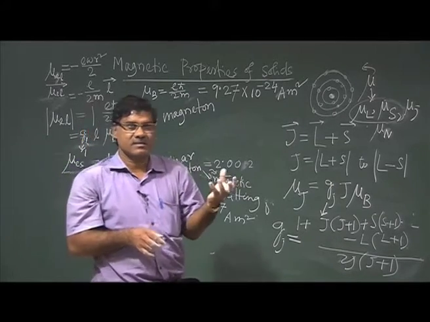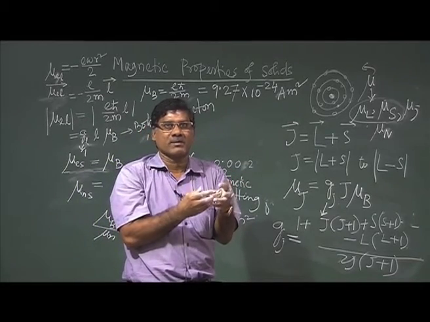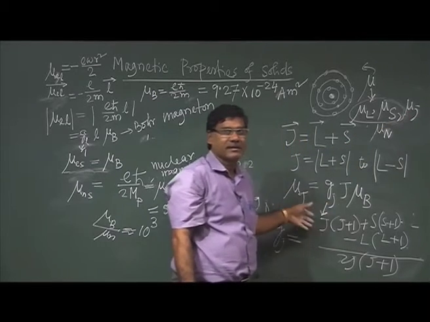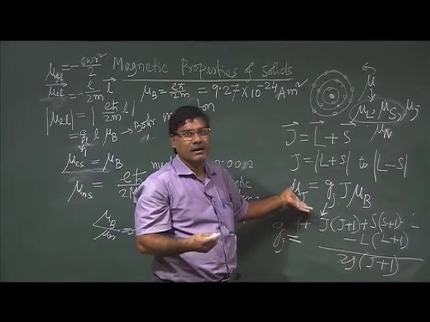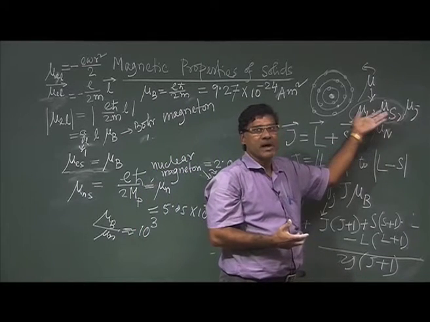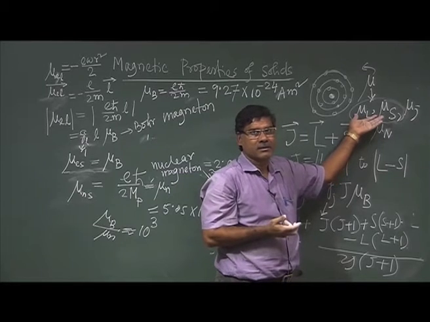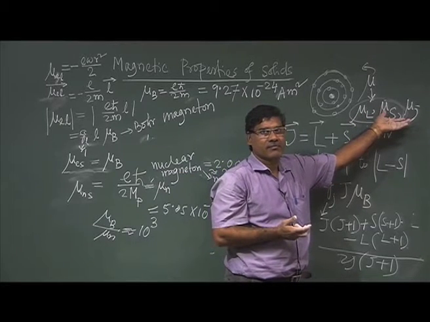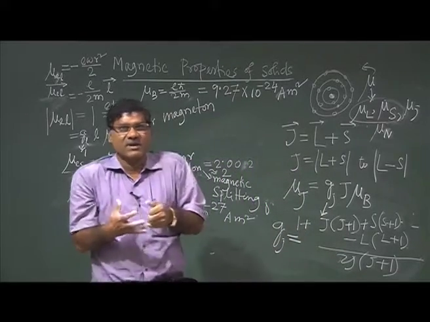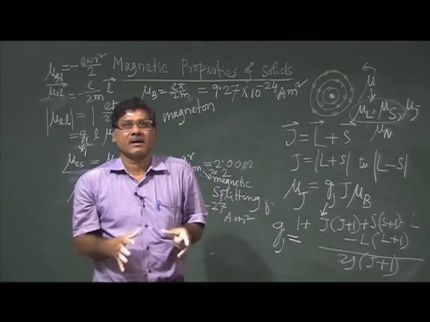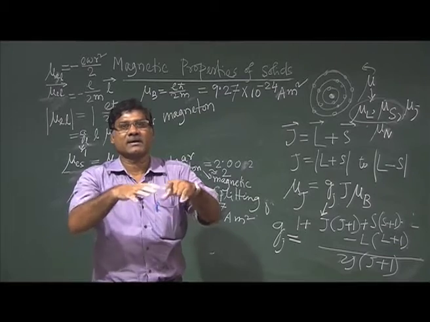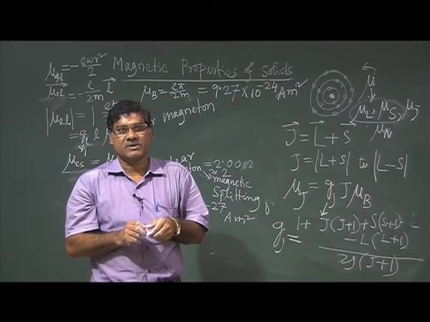So, if outside, for an atom, its total magnetic moment is μ_J, inside the material it may not show μ_J; it may show only μ_L or only μ_S. That depends on the effect of the surroundings, the influence of the other atoms in the material.